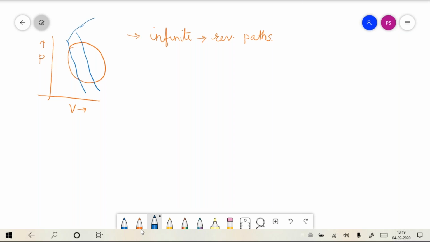At the end points, this reversible path would have two reversible adiabatics, and they are parallel to each other because they do not intersect.